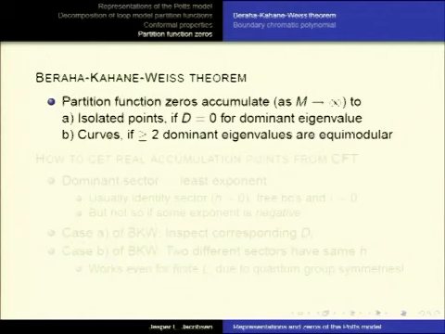Let me then review the Beraha-Kahane-Weiss theorem for the tenth time in this conference. Partition function zeros will accumulate, as the height of my strip goes to infinity, to either isolated points if the amplitude of the dominant eigenvalue vanishes, or to curves if two dominant eigenvalues are equimodular.